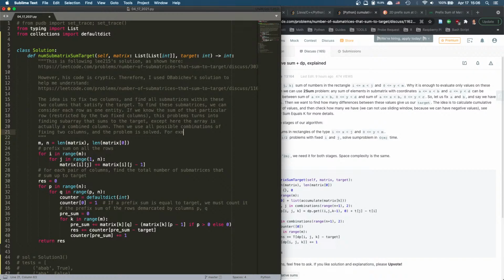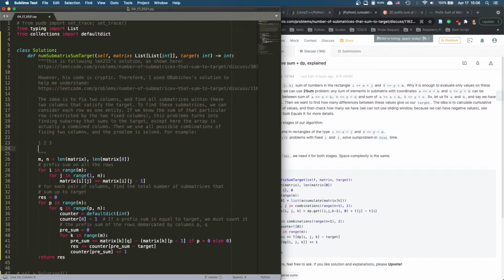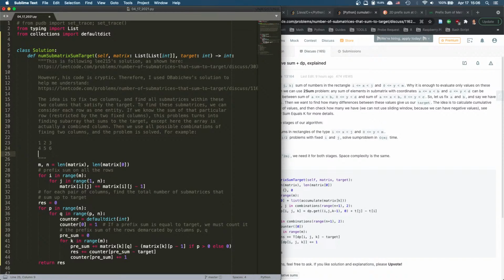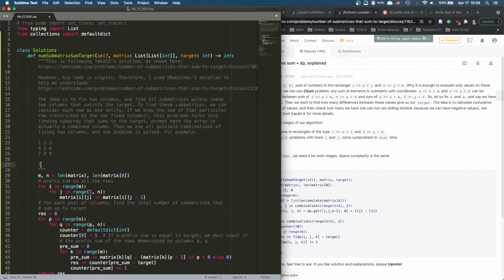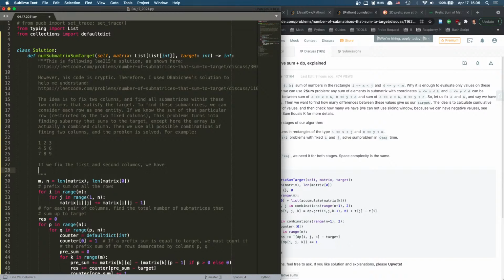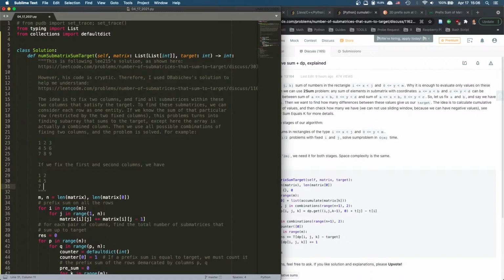For example, yeah, we need an example here. Given 1, 2, 3, 4, 5, 6, 7, 8, 9, right? If we fix the first and second columns, we have 1, 2, 4, 5, 7, 8.